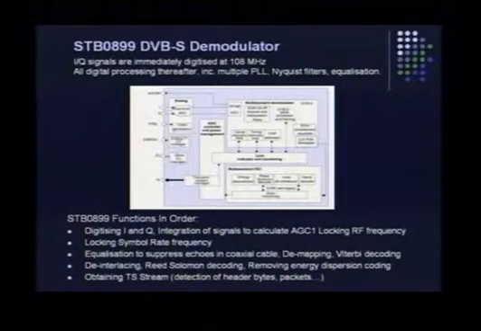This is the only analog part of the chip. IQ is digitized with an 8-bit ADC. Many QPSK demodulators only use 6-bit, but this one uses 8-bit.